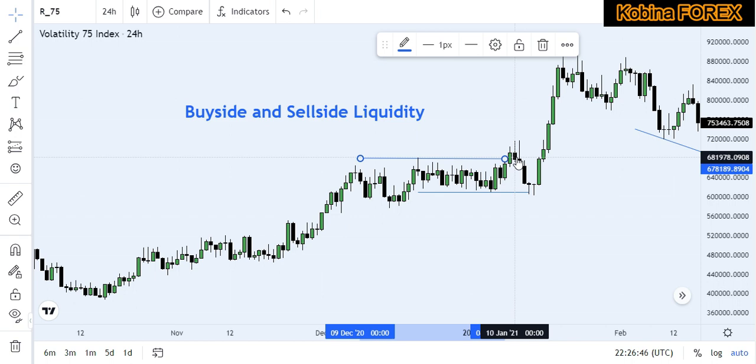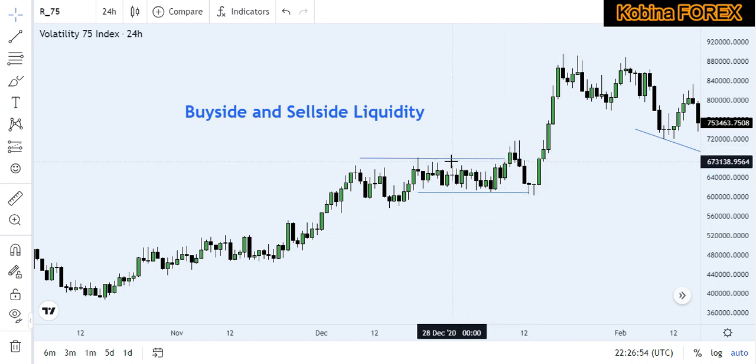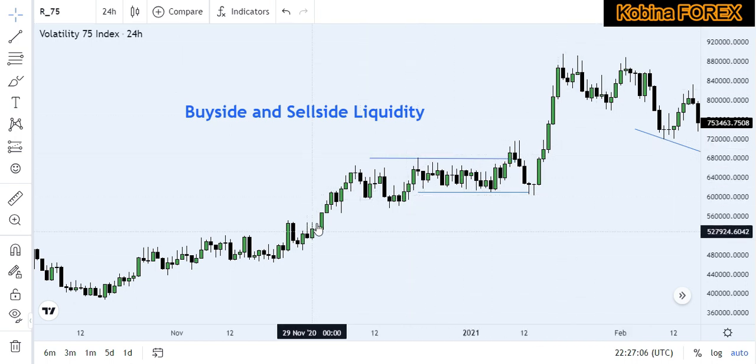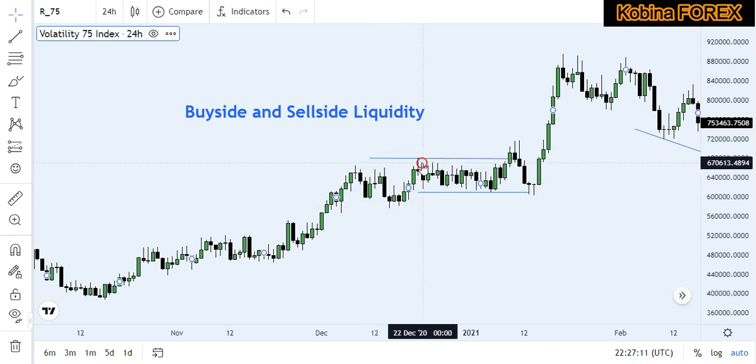Okay, where retailers or the retail market set their buy orders in hope that the market would buy from a particular point. So for instance, consider this line that I have drawn here. Now the market trader got to this point, came down here and came up all the way to this point.